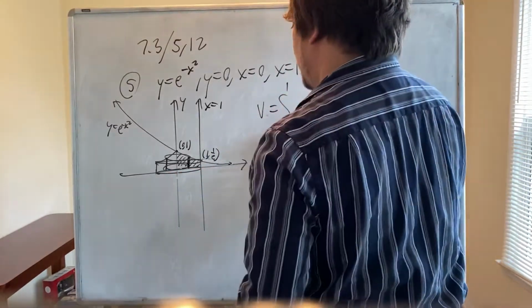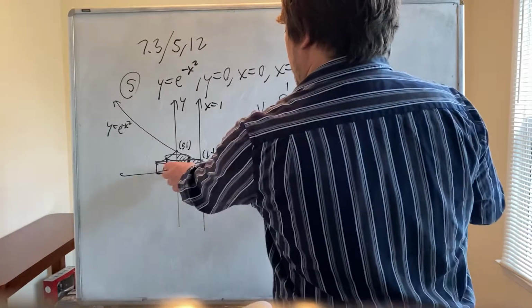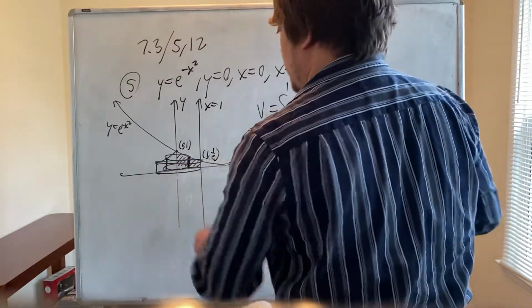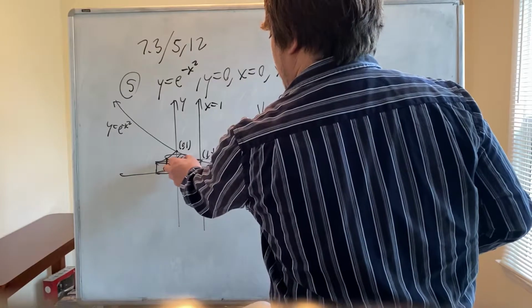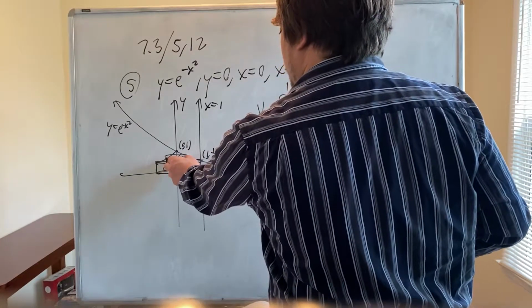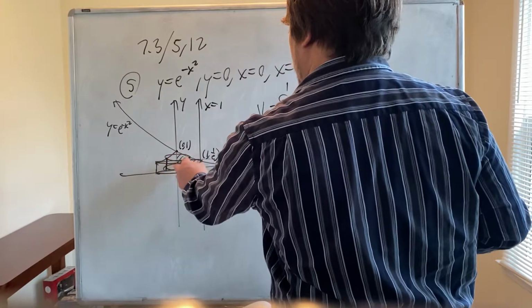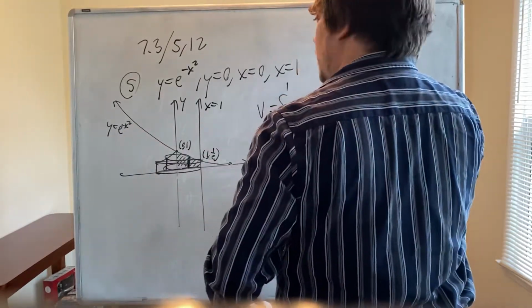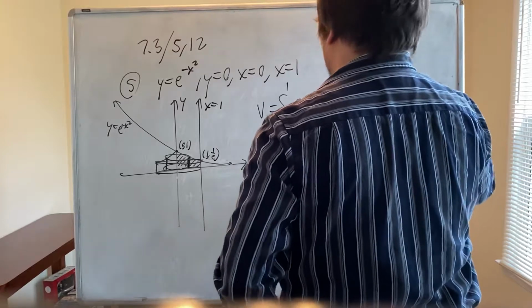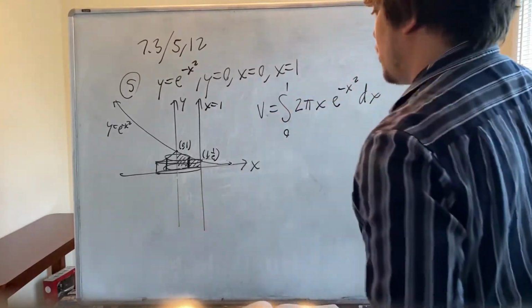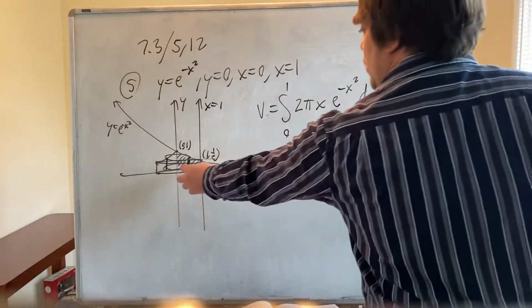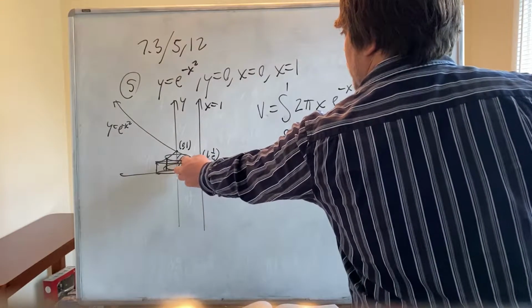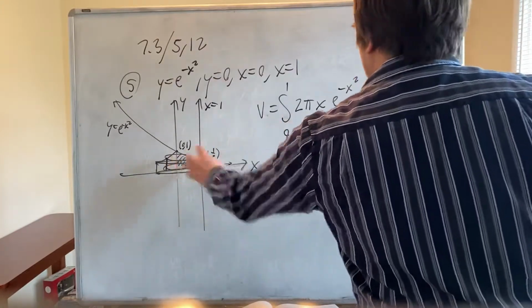Okay, and then this is going to be 2 pi. The circumference is 2 pi x because the radius of the circle is the x coordinate. So it's 2 pi x times the height, which is the height of the function, e to negative x squared dx. And so we use the formula 2 pi r, which is x, times the height e to negative x squared.